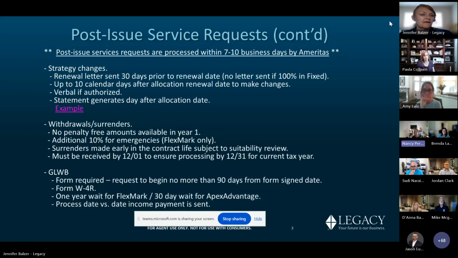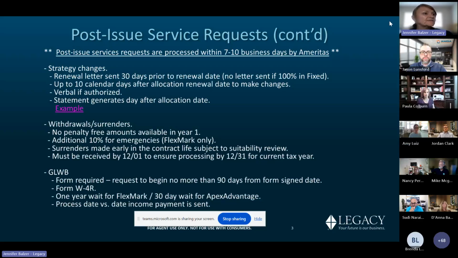Understand, one thing there, Jennifer, is that I don't like to meet with them until we have the statement. Yeah, that's what I was going to mention. Understand that a lot of times we're waiting until the statement comes out to make those changes. Again, these are the guidelines that Ameritas has put forth.